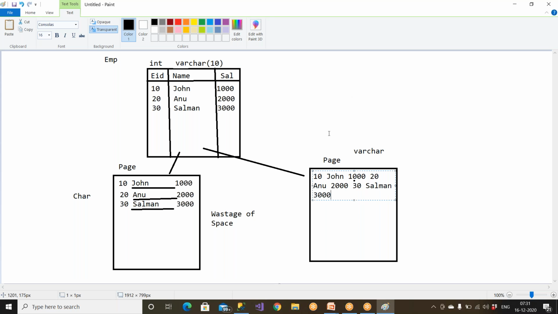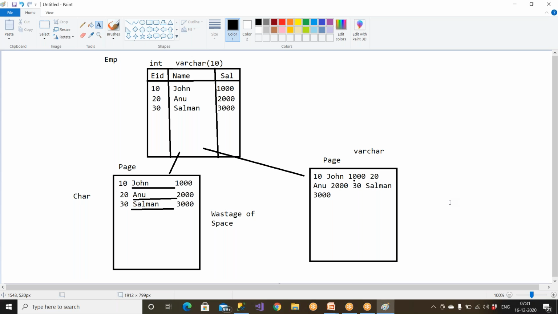Like that, it is not going to leave any space at all. With varchar data, it is not going to leave any space, but with character you will have space. John is 4 characters, the remaining 6 characters will go to waste. So in character data, you will waste a lot of space in the hard disk, whereas with varchar you don't waste. You say 10 John, and after that no space is left. Clear? So that is varchar data.